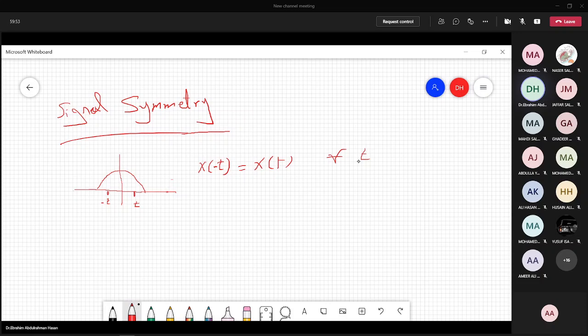Anywhere here it is equal to exactly the value here. This value equals this value for all t. Then this signal we call even signal, or even symmetry.